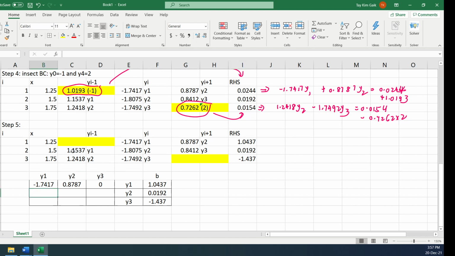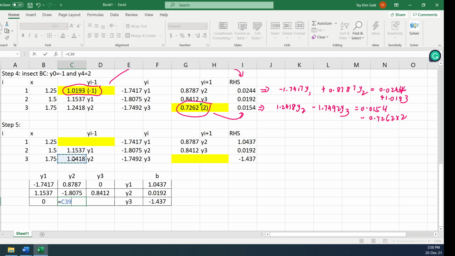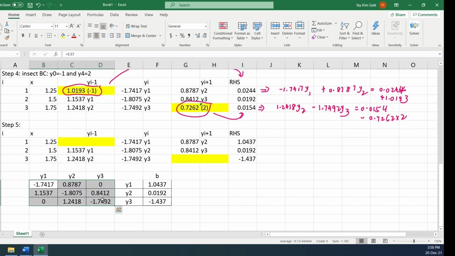Second equation y1, click the coefficient for the y1. Y2 is here, coefficient for y2. Y3, this value. The last equation you have a y2 and y3. Y1 will be 0 because the resultant system is always tridiagonal. Y2 is here, y3 is here. So you have a 3 by 3 system.